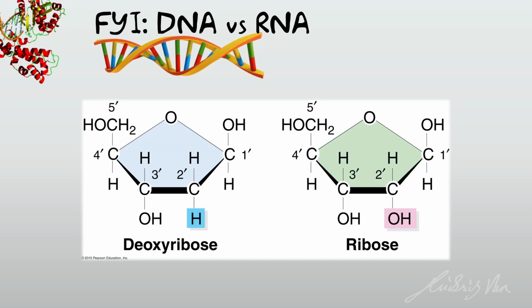That is where the D comes from, while the sugar in RNA is ribose sugar. The difference between the two sugars is that deoxyribose sugar has a hydrogen at the second carbon, while ribose sugar has an OH at the second carbon. Chemically, DNA is less reactive than RNA, if you want to know. But like I said, this is just for your information.